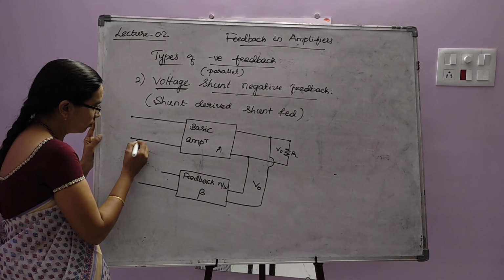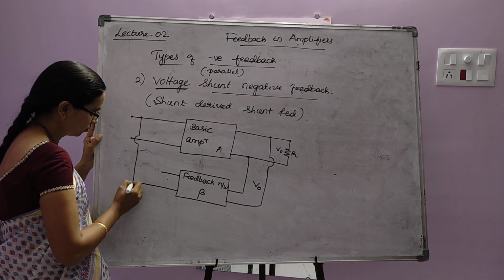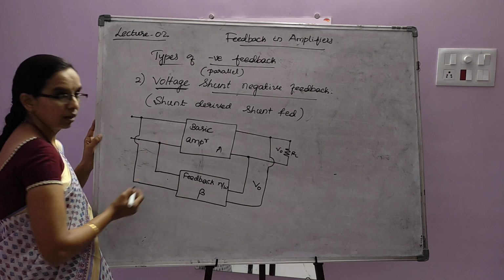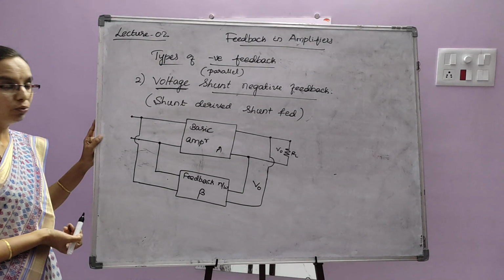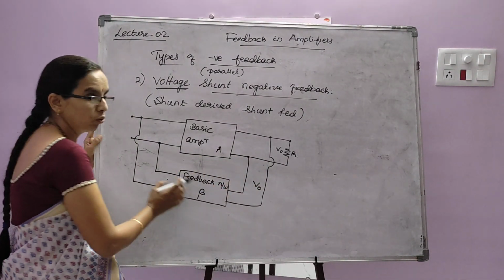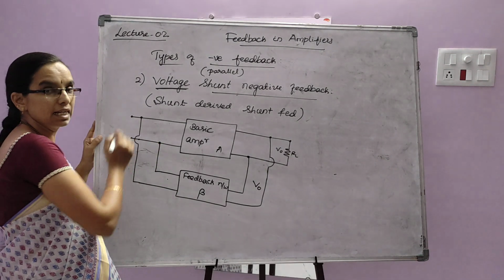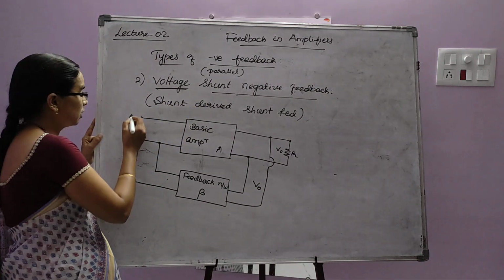If we are connecting it in parallel, we are taking the voltage as output voltage, a fraction of output voltage, and feeding it back to the input in series, in parallel. That is voltage shunt negative feedback.